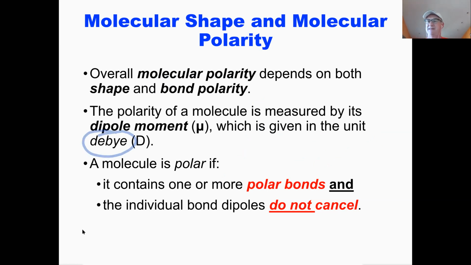It's just so cute. How many Debyes is it? So we get a polar molecule if it has polar bonds and if they don't cancel out. And so we've looked at this already. I haven't mentioned Debyes before, but it's just so cute.